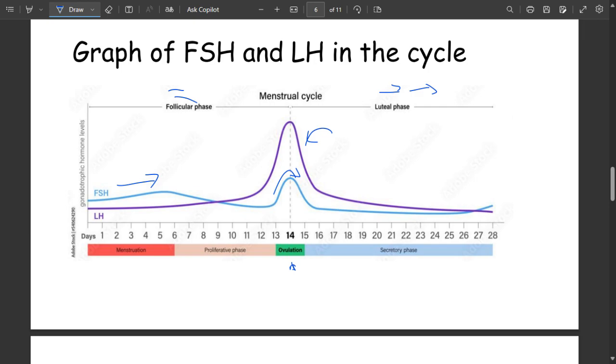We'll see why. Then, when it comes to the follicular phase, this is also known as the proliferative phase, and this is because this is when the uterus lining, the uterus, in other words, is proliferating and increasing; the functional layer is going to be building up, so to say.